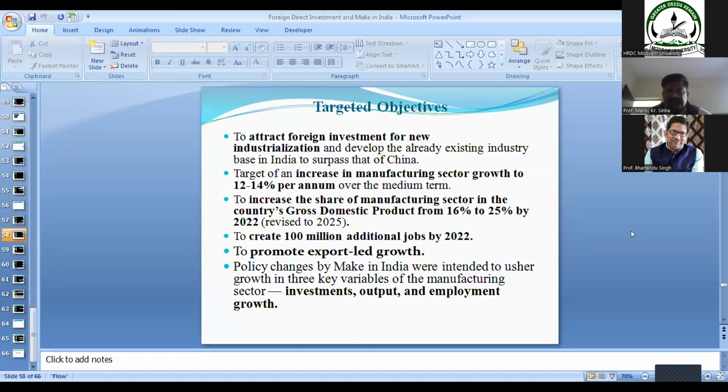Policy changes: we have changed the policy through Make in India, and we can observe growth in three key sectors. In the manufacturing sector, three important variables we can see are investment, output, and employment growth.